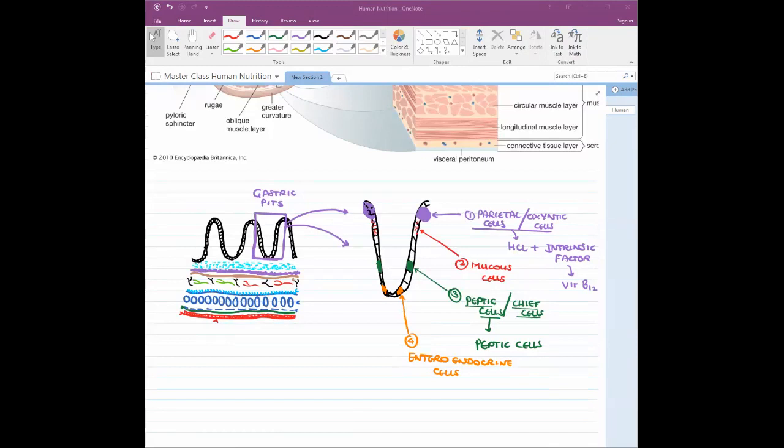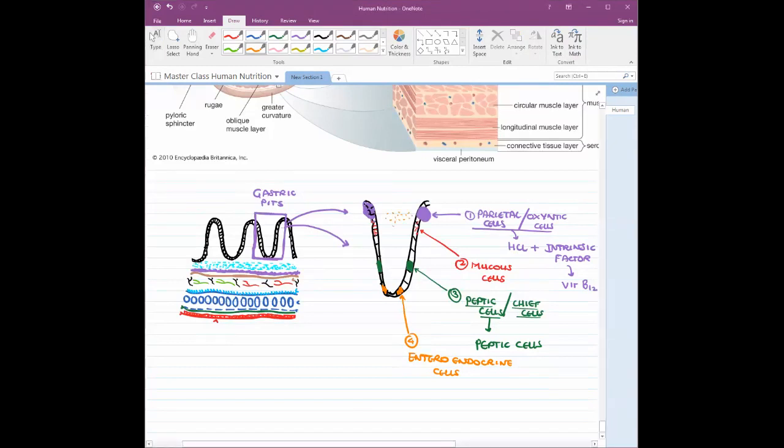So guys, this is the first thing that we need to know with regards to your gastric pit. And once again, remember what is going to happen. These cells are going to produce their own stuff, and all that is going to come out over here.